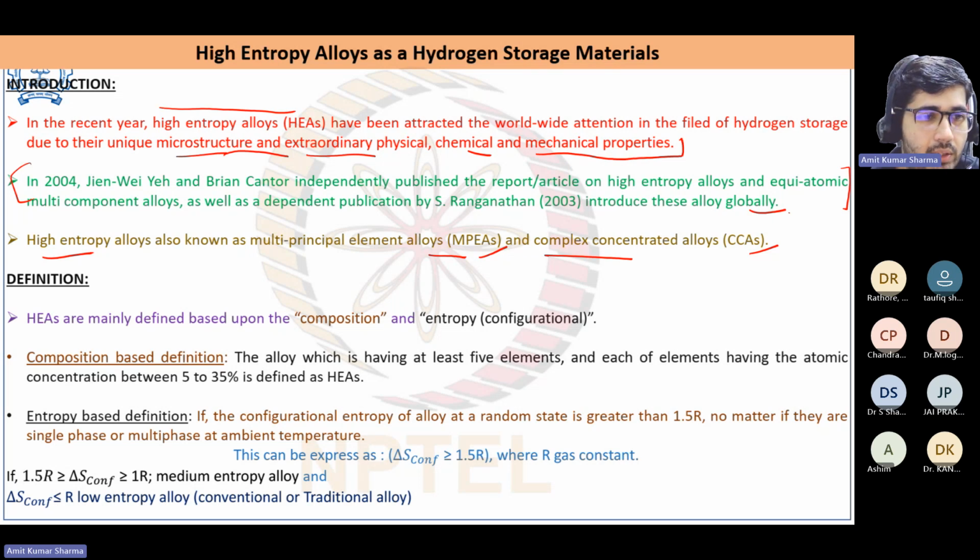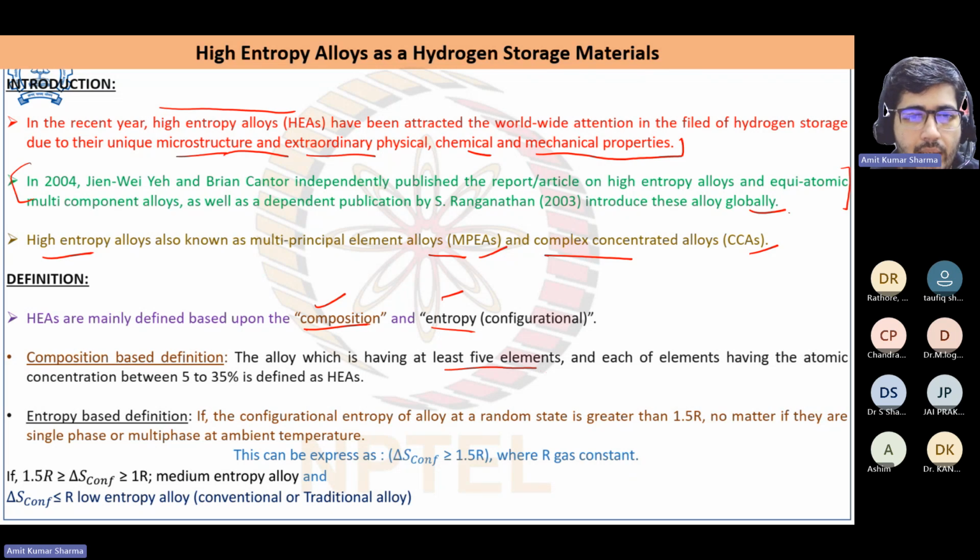So what is the definition? The HEAs are mainly defined based upon the composition and entropy, or configurational entropy. For the composition based definition, the alloy should have at least 5 elements.